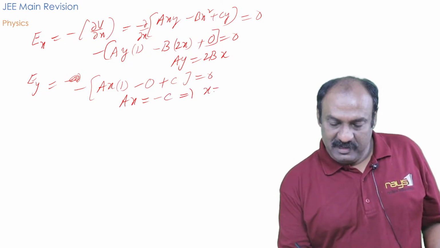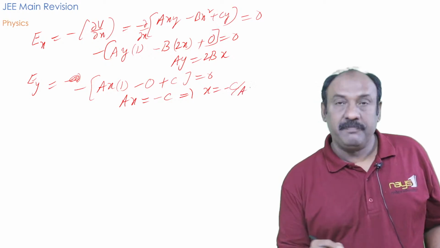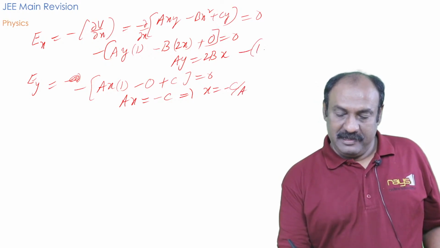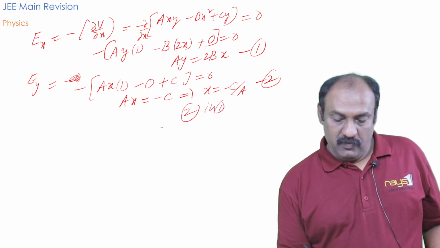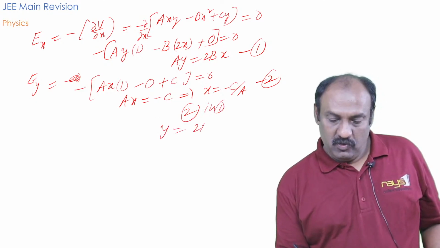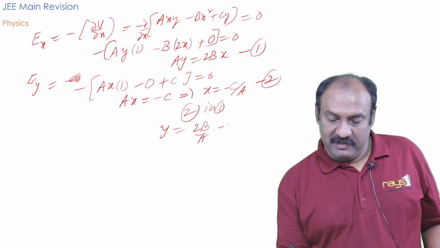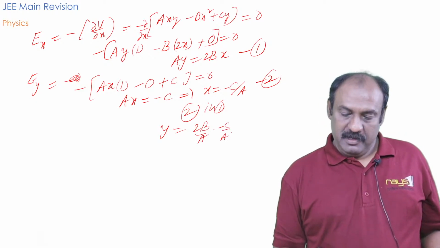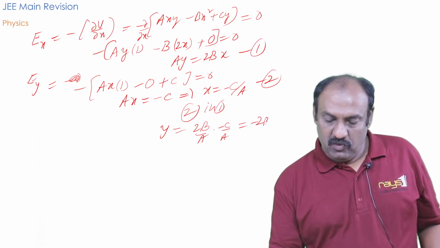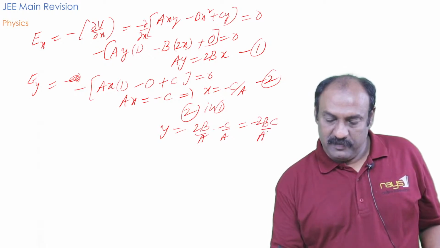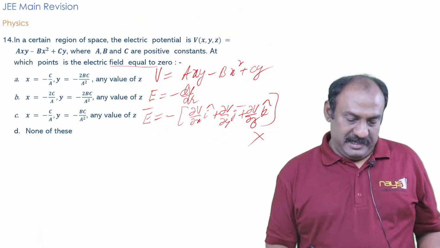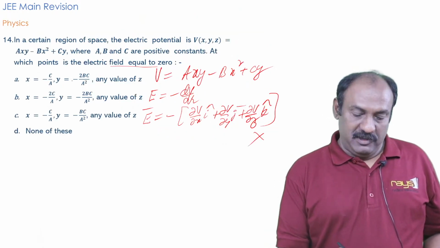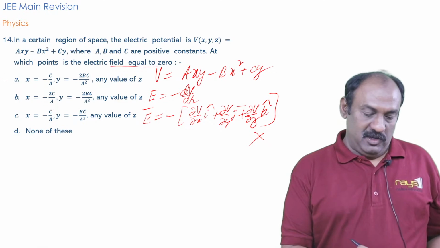So x is equal to minus c by a. You substitute x equal to minus c by a in equation 2 into 1. Then y equal to 2b by a into x, x is minus c by a, that equal to minus 2bc by a square. Minus 2bc by a square is the equation for y. See the data? Yes, y equal to minus 2bc by a square, x equal to minus c by a.